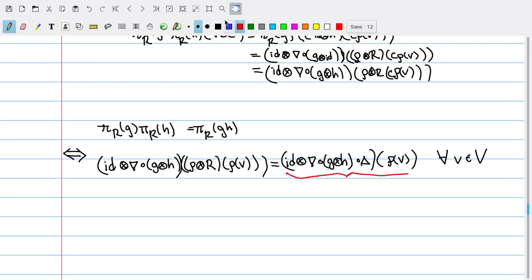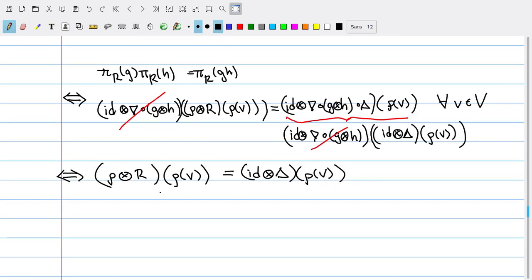I can rewrite the right-hand side as a composition of three morphisms. Then if we eliminate the last morphism, we end up with the condition that rho tensor the identity composed with rho has to be the same thing as the identity tensor the co-multiplication map composed with rho.